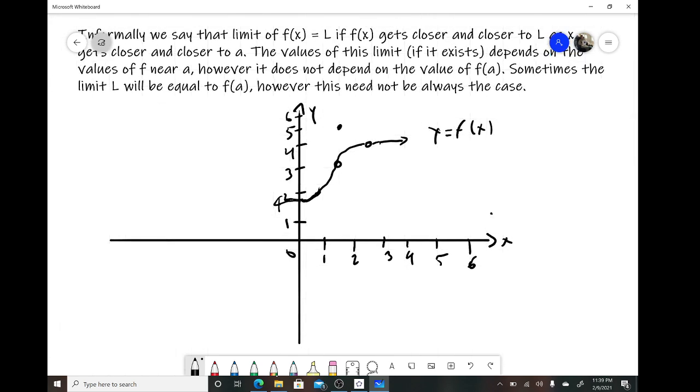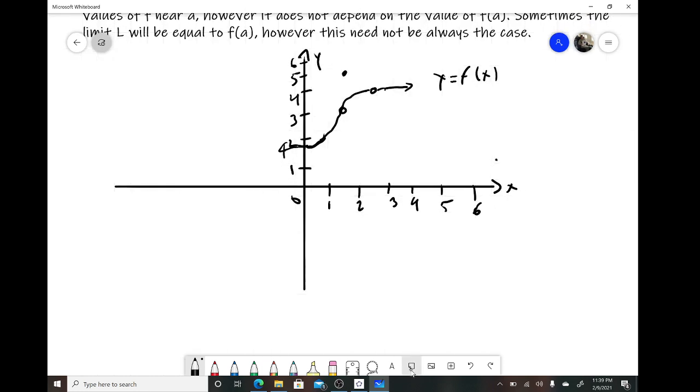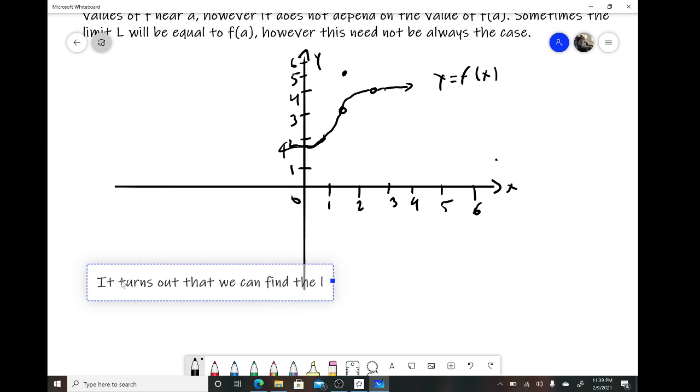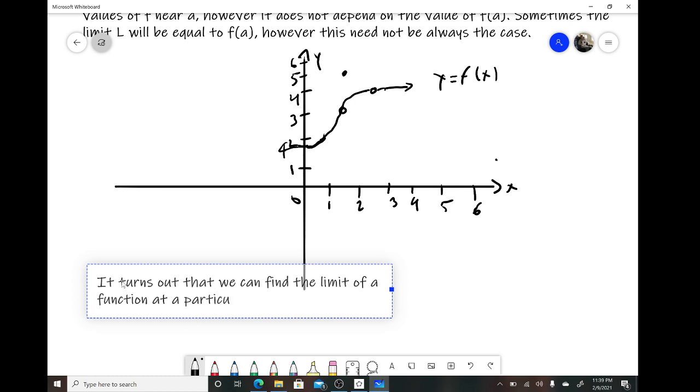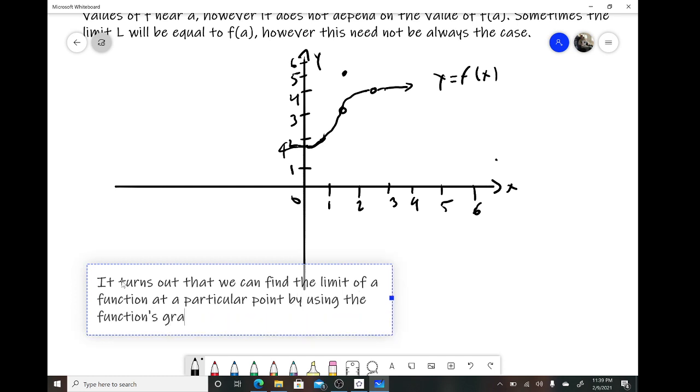All right, so we could actually find the limit of a function at a particular point by using the function's graph.